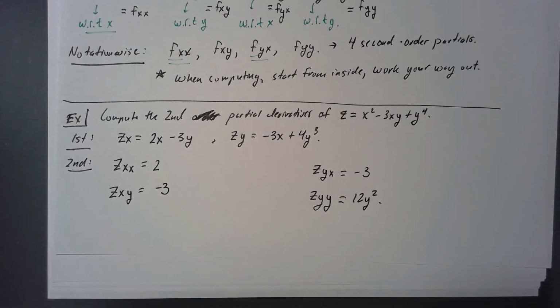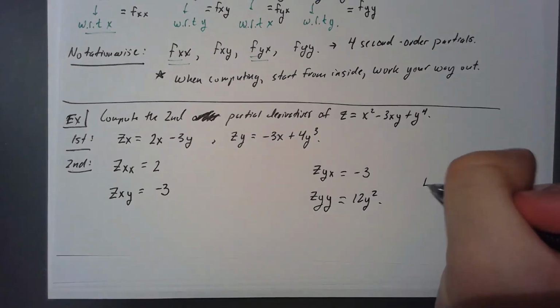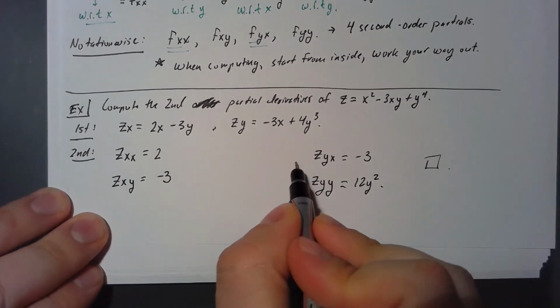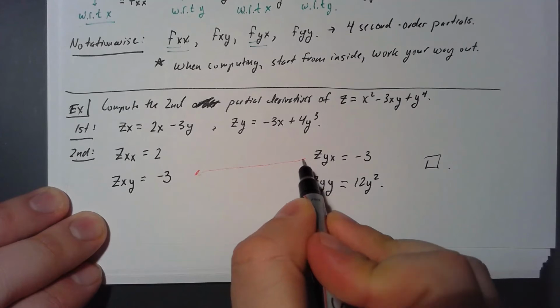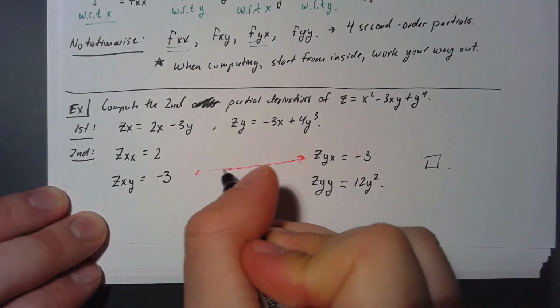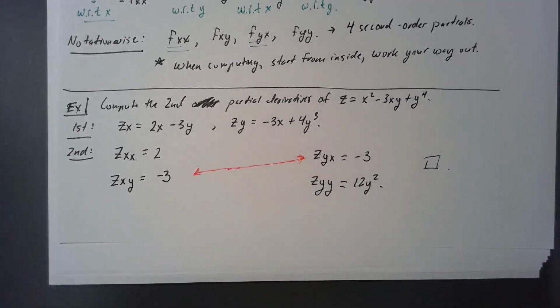I want you to notice something here. That wasn't hard, it was pretty straightforward. But I want you to notice something here, and this is pretty important. Look at these two guys right here. What do you notice about these two? They're equal, aren't they?